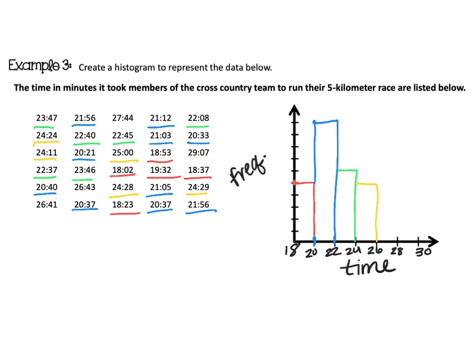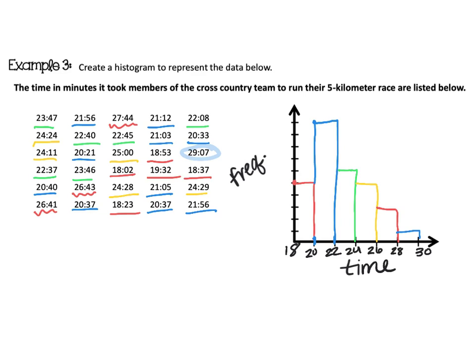We'll start over with red. Between 26 and 28, I've got 1, 2, 3. Looks like just 3 data points. And then I just have this one left between 28 and 30.